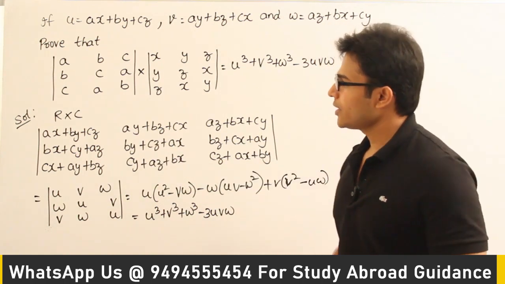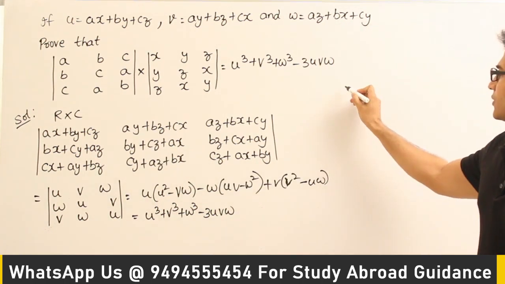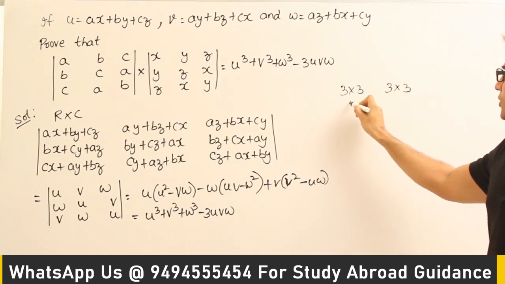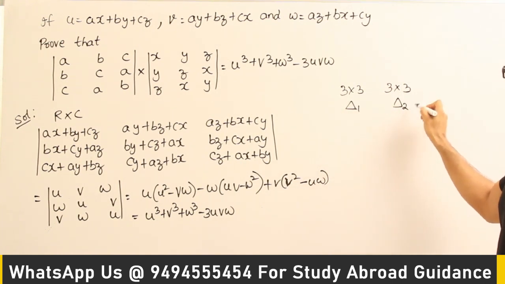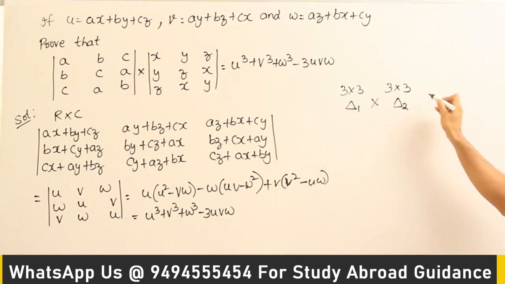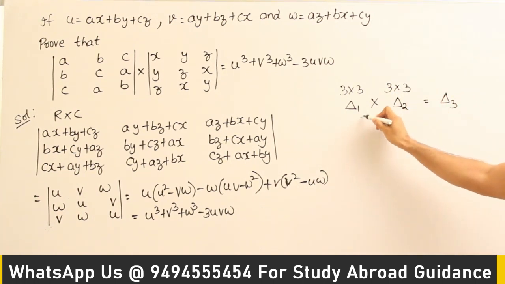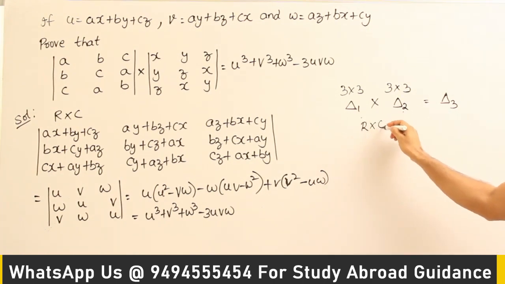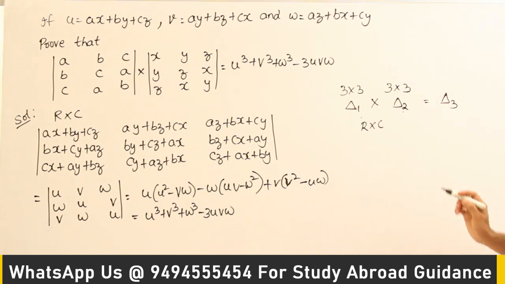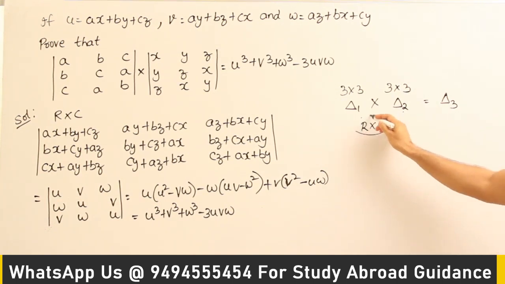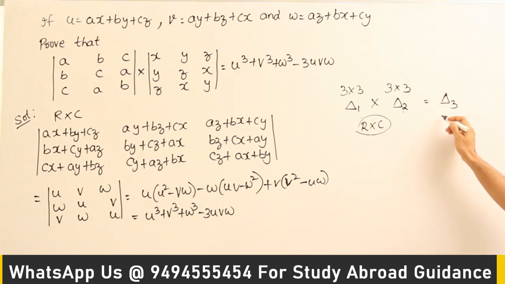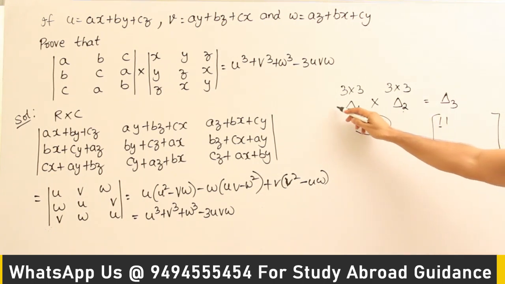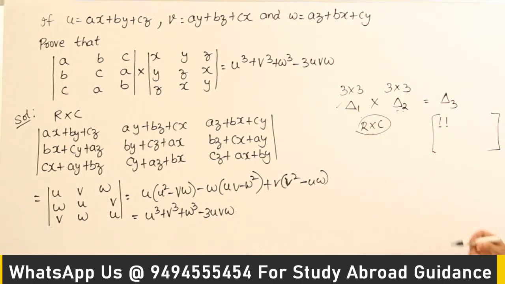So see, what do I mean by row by column? If you have two determinants, one is 3 by 3 and the other is 3 by 3, let's call them delta 1 and delta 2. And now if you are getting a new determinant delta 3 as a product of these two determinants, and you are applying row by column multiplication, then if you are taking the element 1 1, it means that you take the first row from delta 1 and first column from delta 2 and you multiply them.